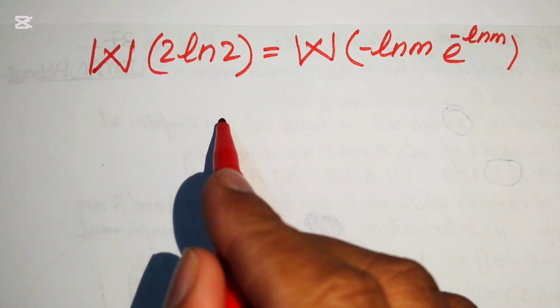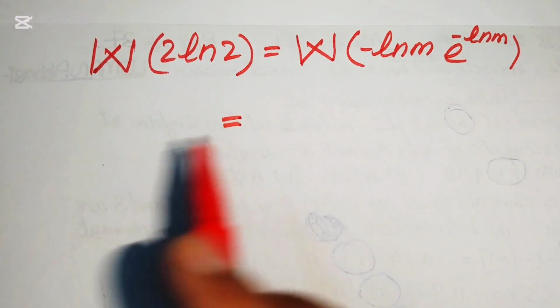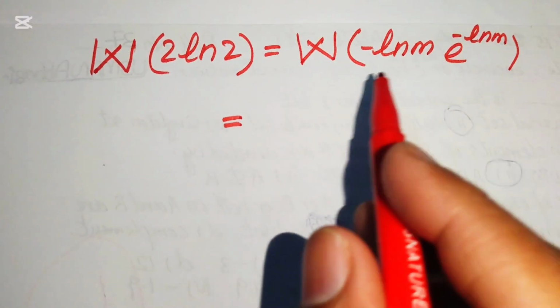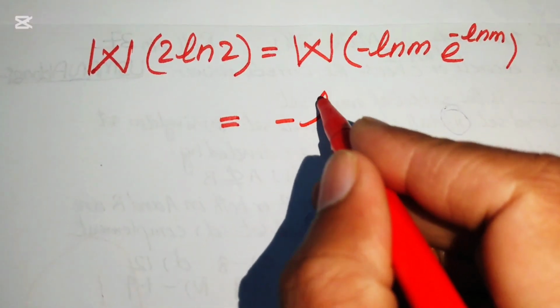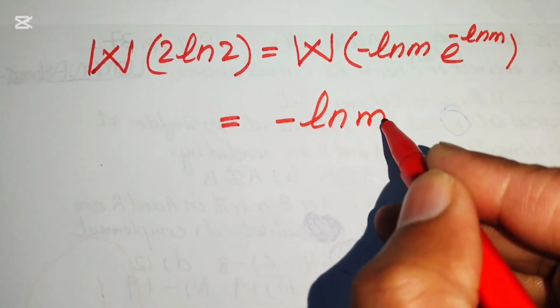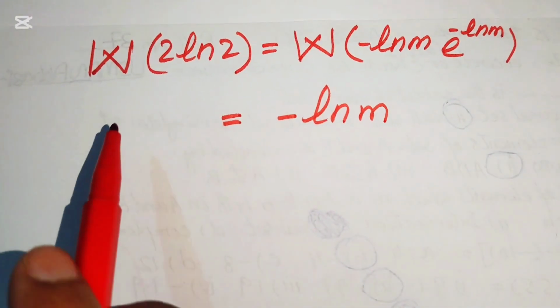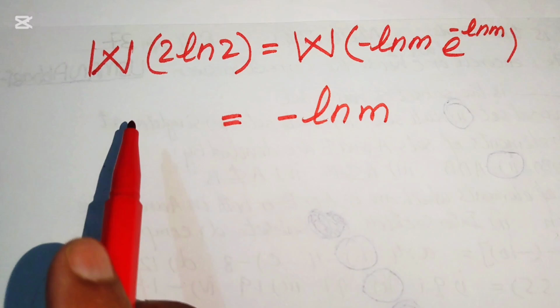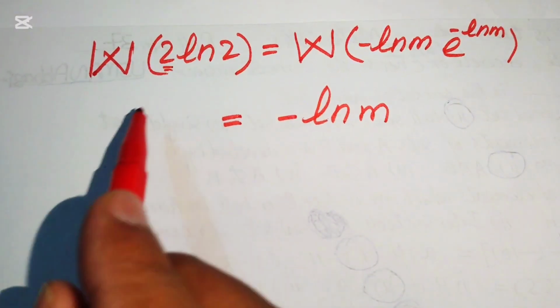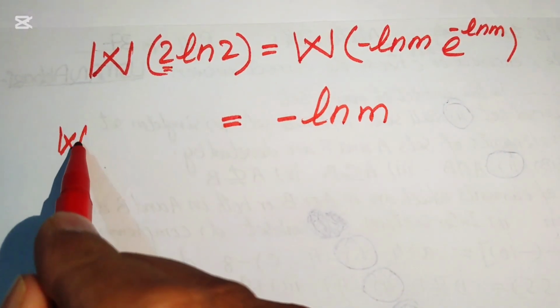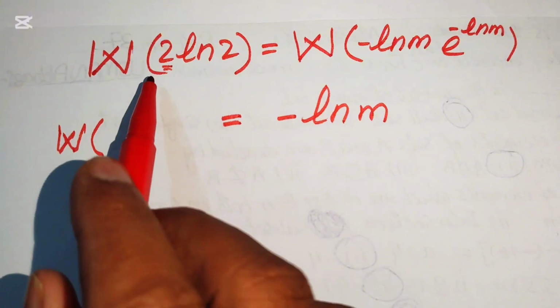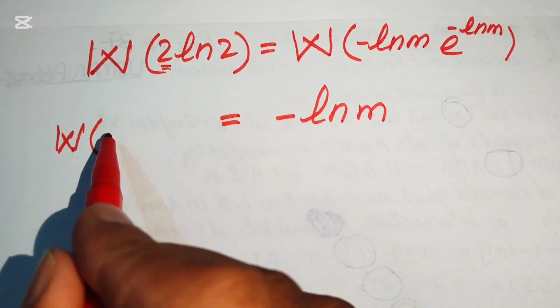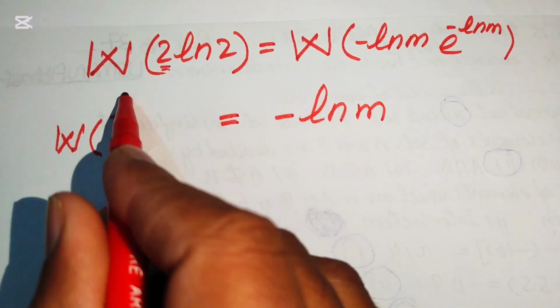Okay, here we apply the W function on both sides, and it will be written in this form. So now first we focus on the right hand side. The output of this function will be minus log of m. In the left hand side we need some working to make this into the standard form of a Lambert W function. So we focus on this 2, and we write this 2 in this form, e to the power of log 2.